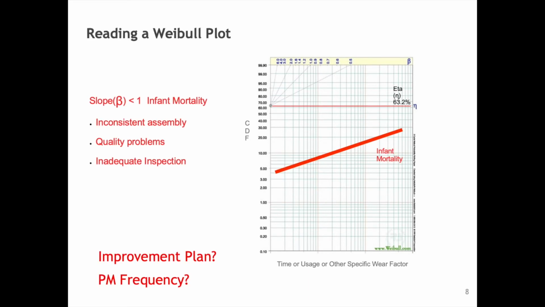Now, when the slope of the line is less than 1, in other words, it's flatter, it infers that an infant mortality mode is being seen, often caused by things such as inconsistent assembly, quality, inconsistent installation, etc. Seeing this says that instead of just focusing on improving the average, the important thing to do is to find the source of infant mortality and then eliminate it. The same thing applies when you're talking about determining a PM frequency.